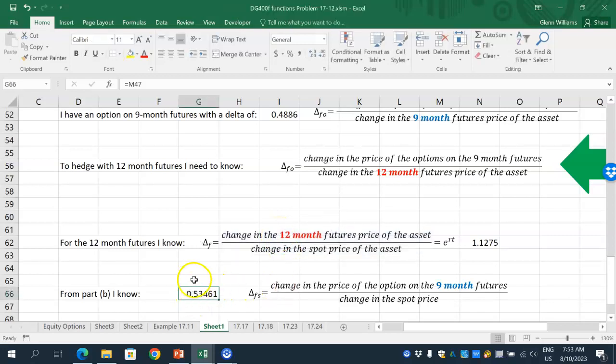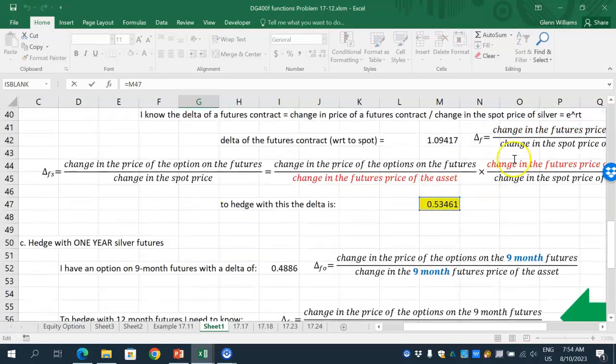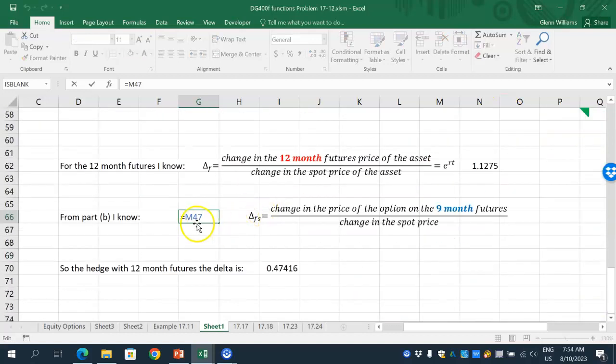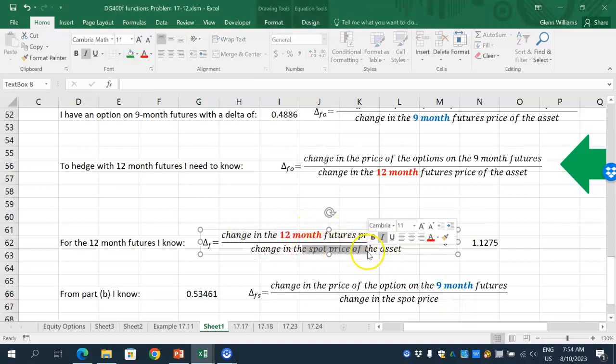But I also know the delta of that option on the futures relative to the spot price of the asset. That's my answer from the previous problem, all right? That's the stuff I just went through to get the previous problem. And so what I need to know is this, 9-month futures relative to 12-month. What I know is the 9-month relative to the change in the spot price. I also know the 12-month futures relative to the change in the spot price.